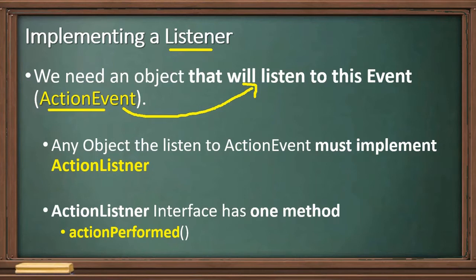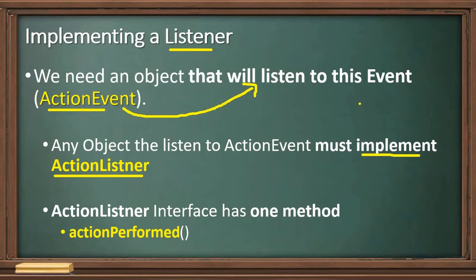Fortunately, in Java, if you want to listen to the action event, then you have to have an object that must implement one of the interfaces, and this interface is called ActionListener.